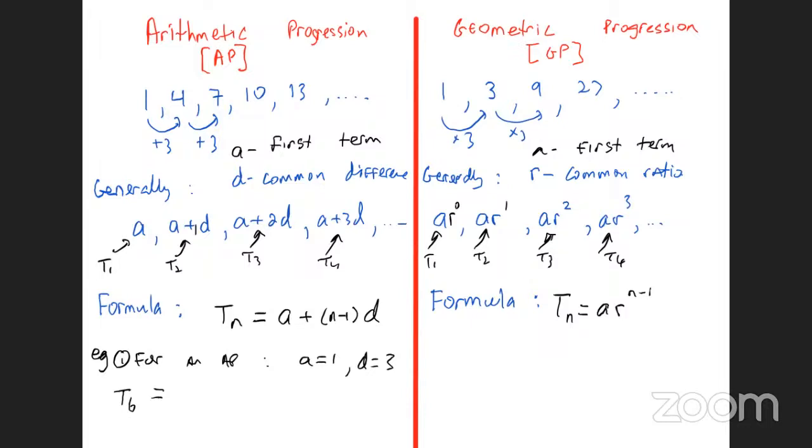I'm using the formula: A plus (N minus 1) by D. So that'll be 1 plus 5 by 3, which is 16. That's okay? And if you look at the sequence on top, 16 is the missing term right after 13.